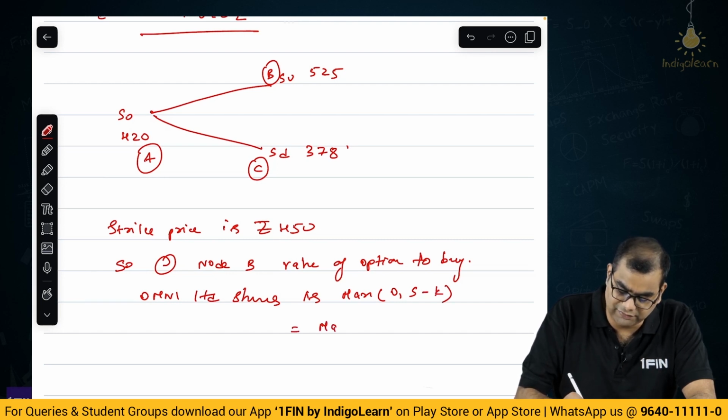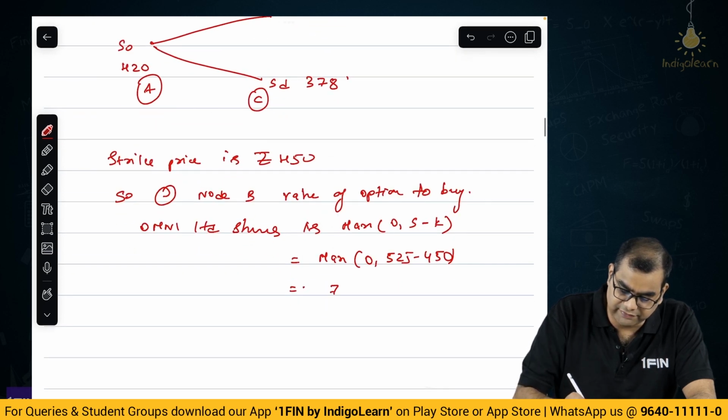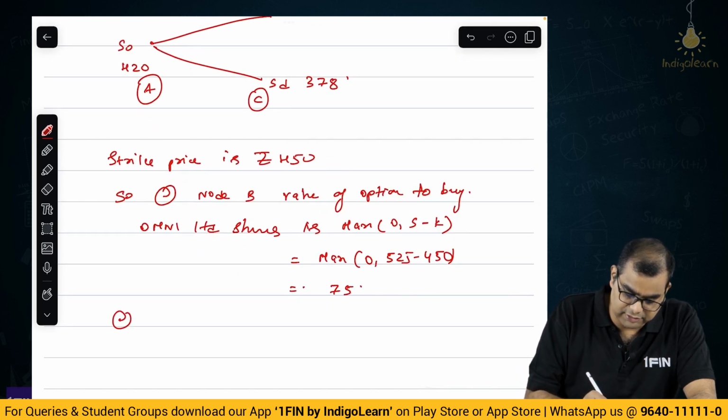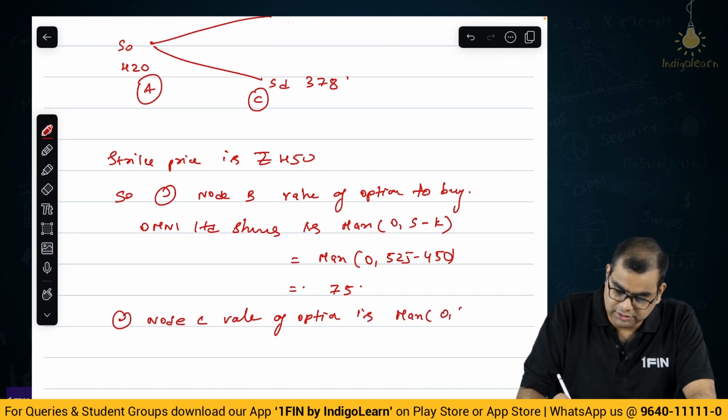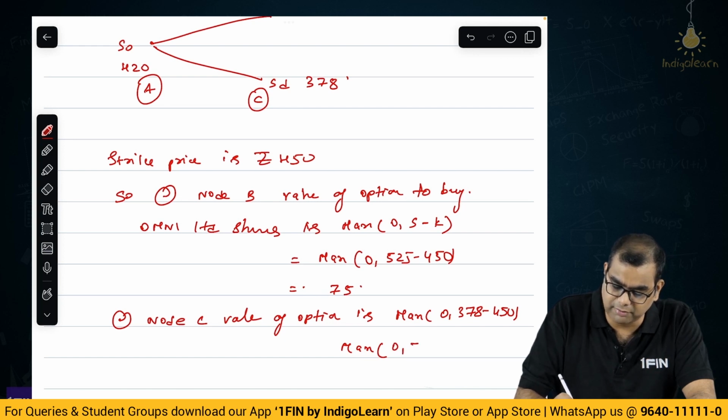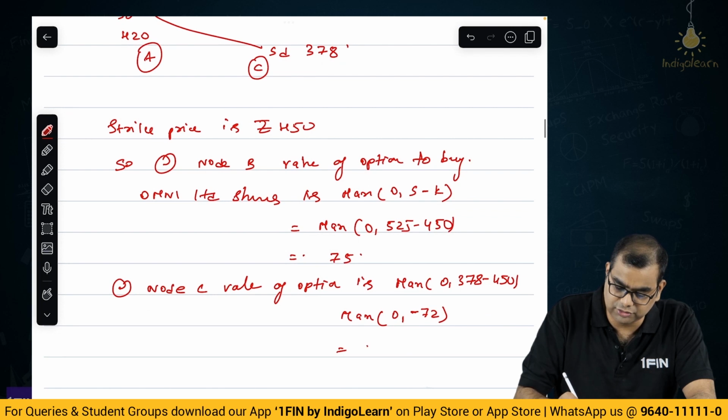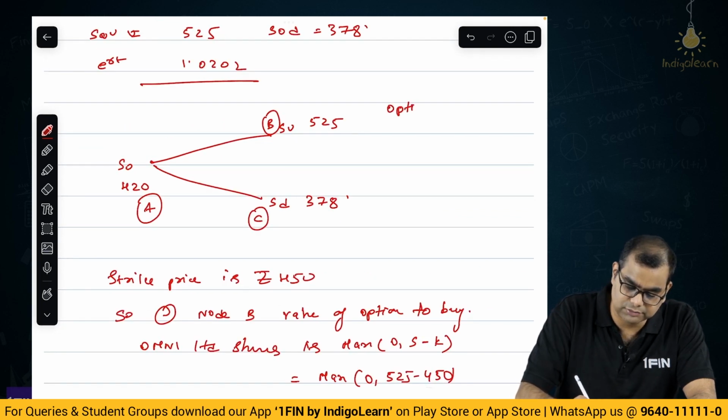This is max of 0, 525 minus 450, that is 75. At node C, the value of option is max of 0, 378 minus 450, that is max of 0, minus 72, which is equal to 0. Right, option value. This is 75, this is 0.